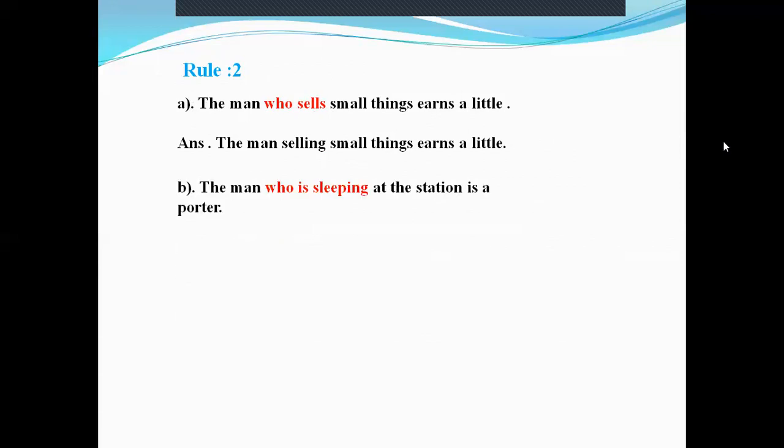Number B, the man who is sleeping at the station is a porter. If you find subject, then relative pronoun, then auxiliary verb, then main verb, you just omit who and is and write down the rest of the sentence. So the answer will be, the man sleeping at the station is a porter.